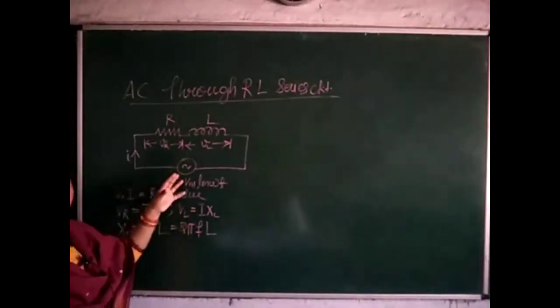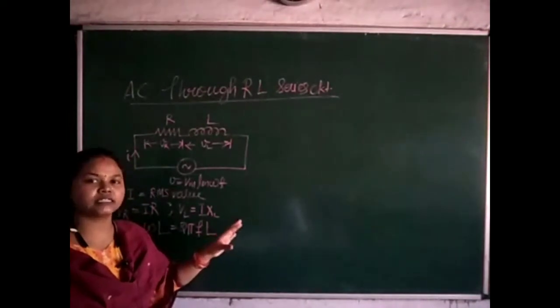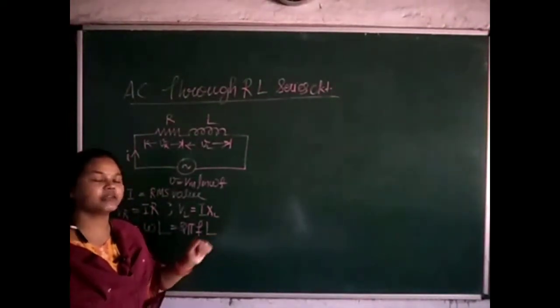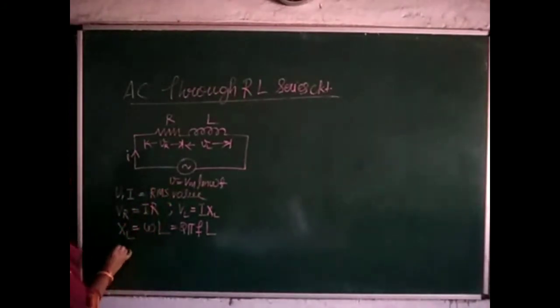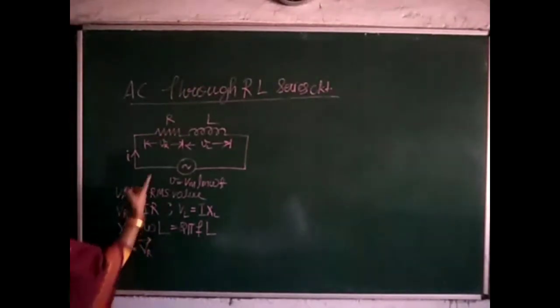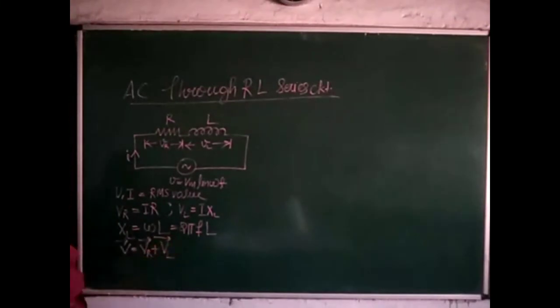Here, instead of the algebraic sum, we take the phasor sum. The supply voltage is the phasor sum of the voltage across the resistor and the voltage across the inductor.